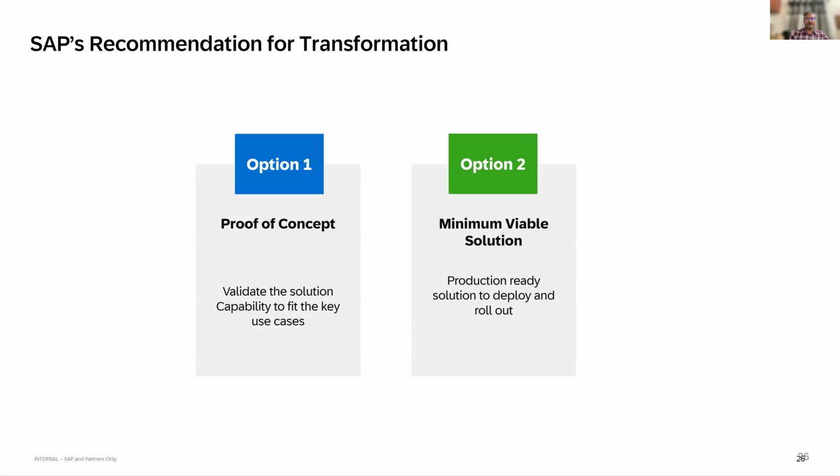So in such cases, they choose a proof of concept where they take specific capabilities, discuss them, implement them, and run them in a non-productive environment, just to ensure that the solution aligns to the overall perspective of the fitment.